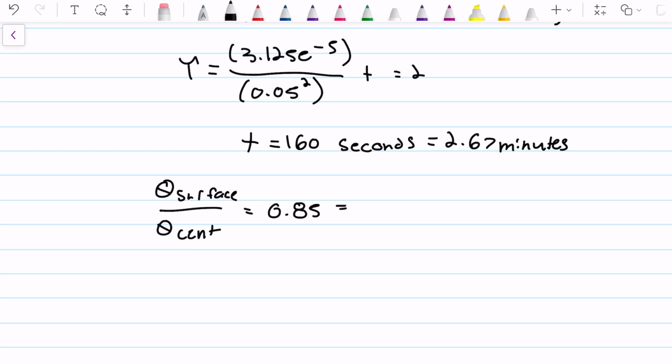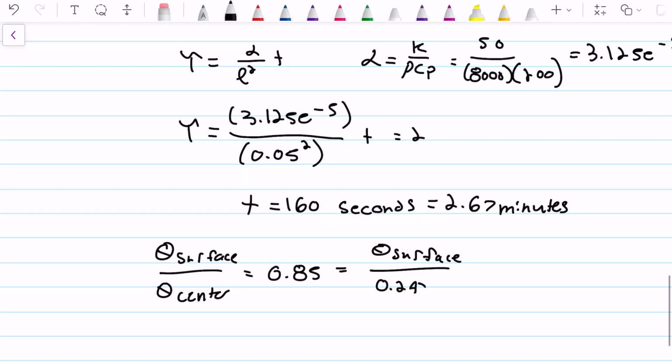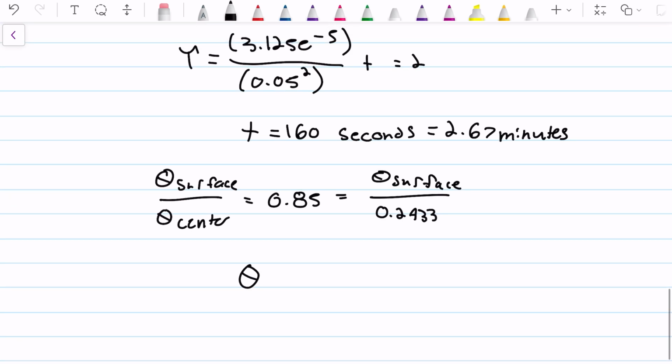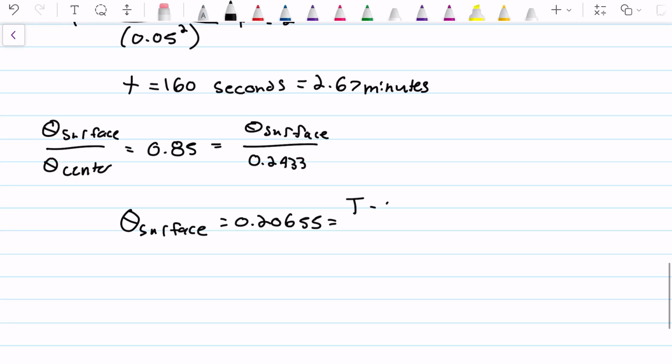So now, if we know that our dimensionless center temperature, we already defined to be 0.243, we can just multiply that into our 0.85, and we see that the dimensionless surface temperature is going to be equal to 0.20655, which is equal to T minus temperature ambient, which is 300, all over 600 minus 300.